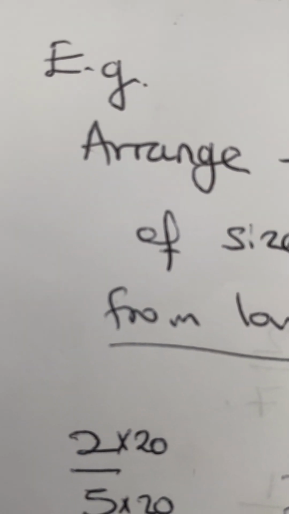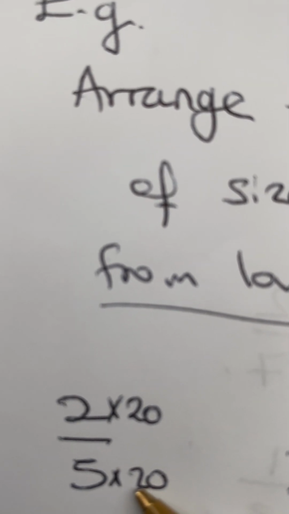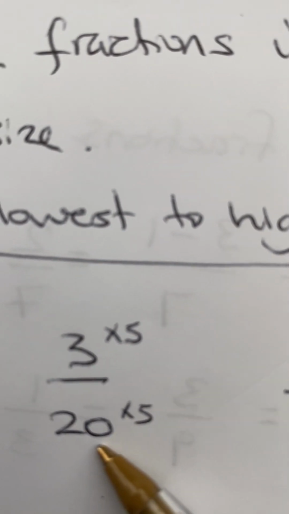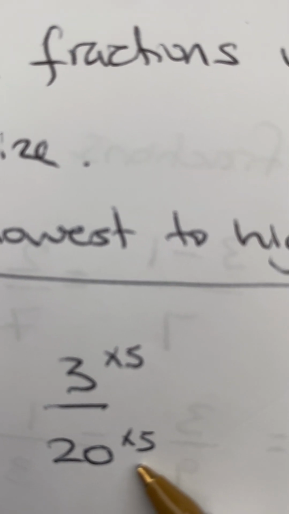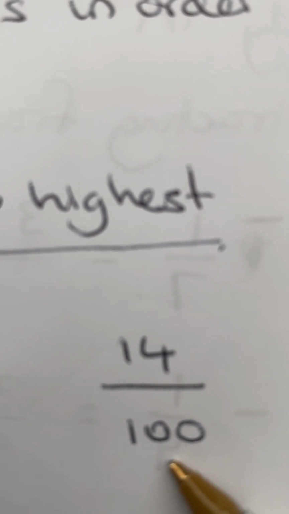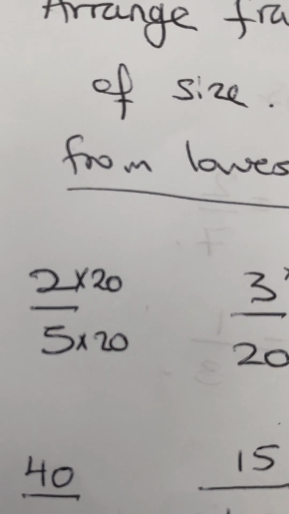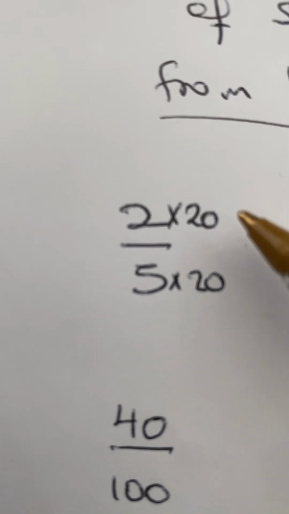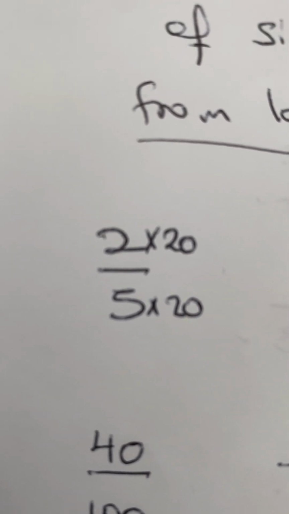Because 5 times 20 is 100. Look at the second fraction: 20 times 5 is 100. 100 times 1 is 100. 4 times 25 is 100. So just by knowing the multiples, we are going to change all the fractions' denominators to 100.